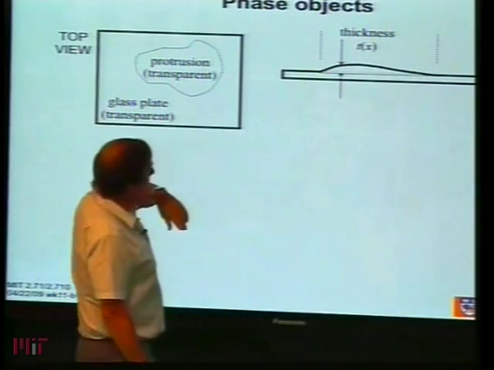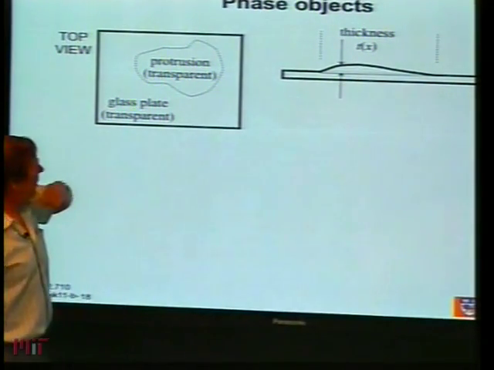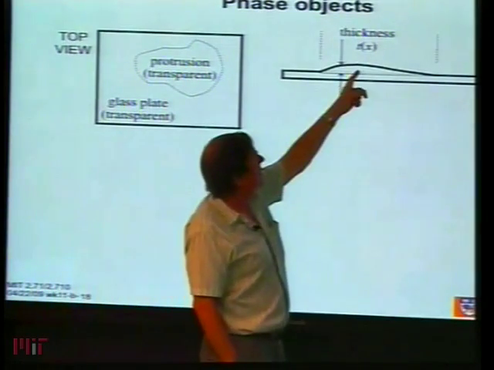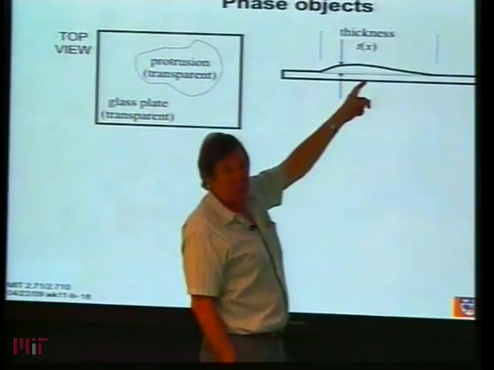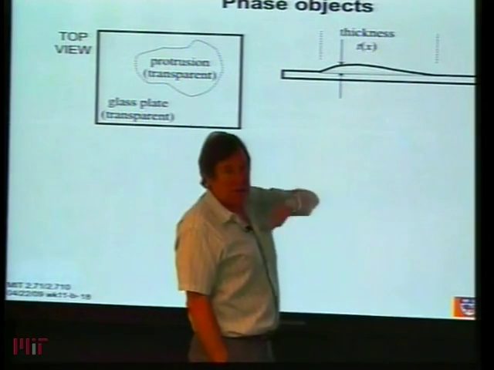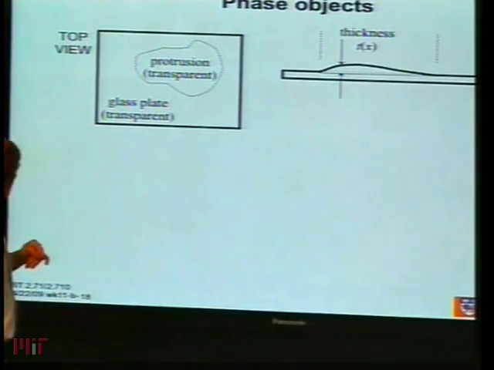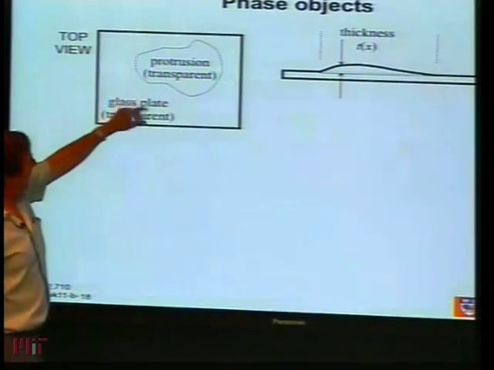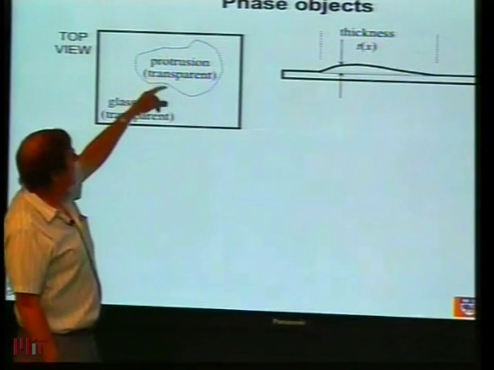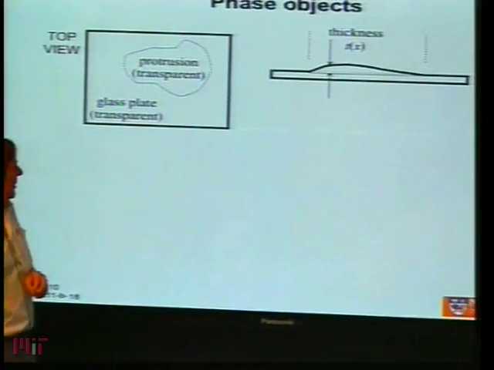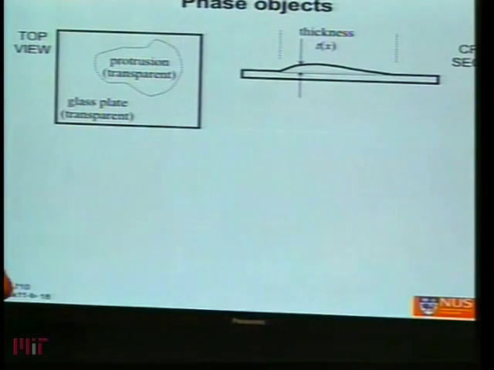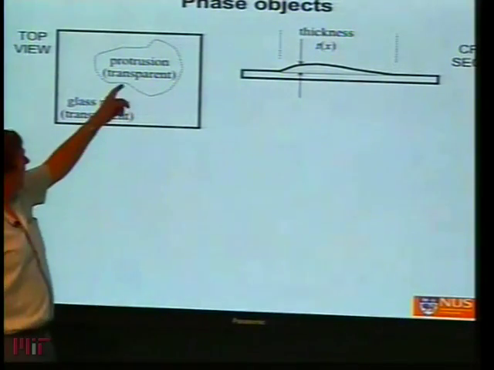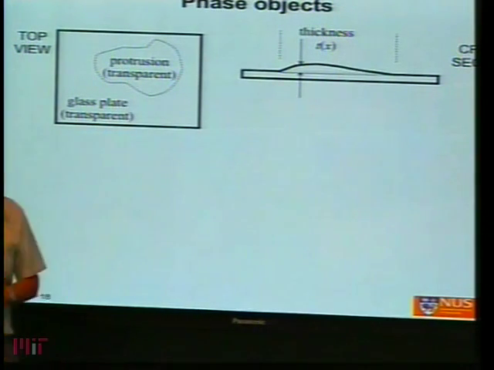Of course, the refractive index of this would be slightly different from this, but that's really not an important difference. So this is looking on the top of it. Here we've got this object, which has got a certain thickness. And what we'd like to be able to do is to produce an image which actually shows up the shape of this object, which might be a cell or something.